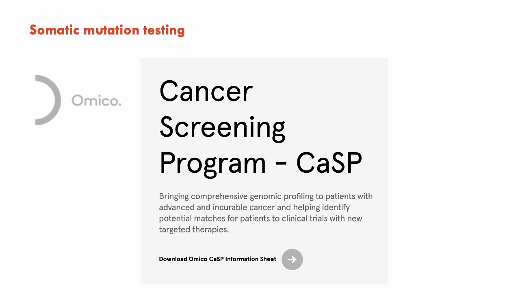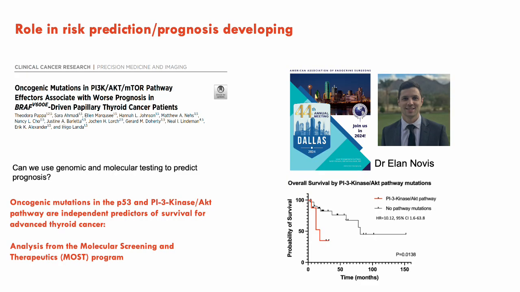OMICO is a group based at the University of New South Wales that has federal funding to sequence 20,000 cancer patients, which could be available to you if you don't have a local pathology service that is able to do this. If anyone is interested, I'm happy to provide the details for this program.